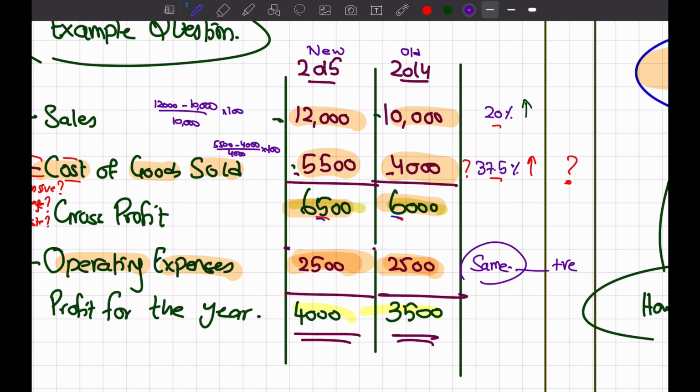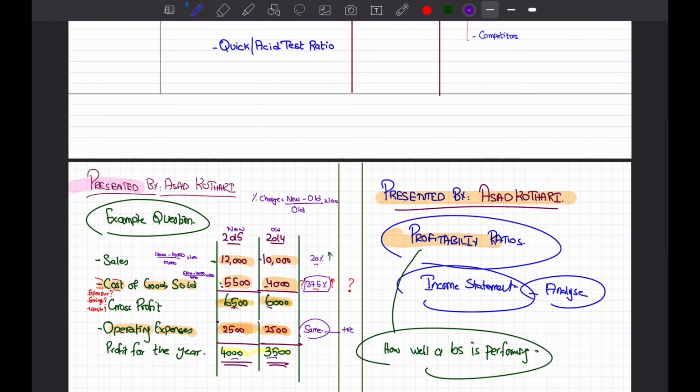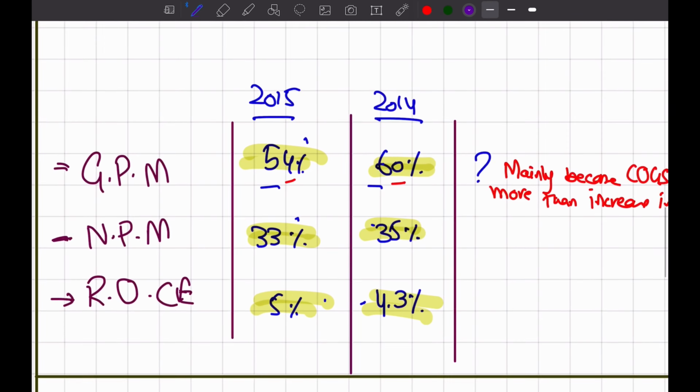और पॉजिटिव चेंज तो है ये, लेकिन क्योंकि कॉस्ट ऑफ गुड्स सोल्ड 37.5% बढ़ गया था, so the overall net profits actually increased, but उसका इम्पैक्ट नेट प्रॉफिट तक ज़रूर आया.